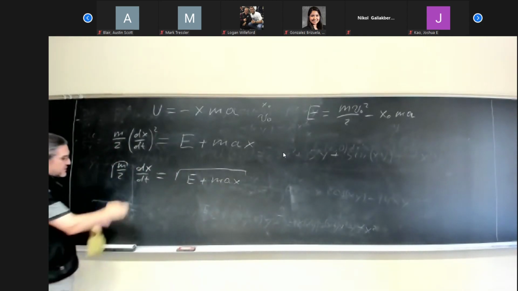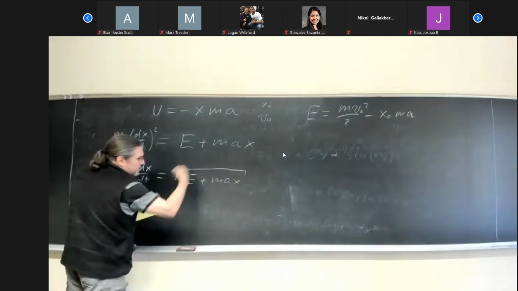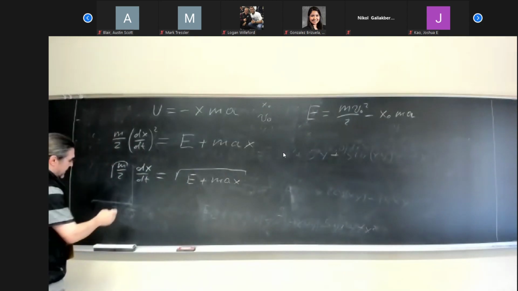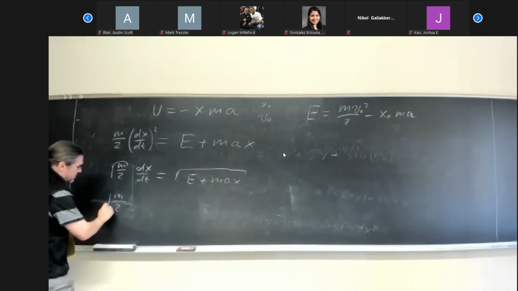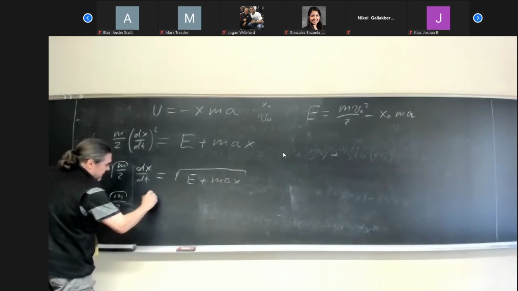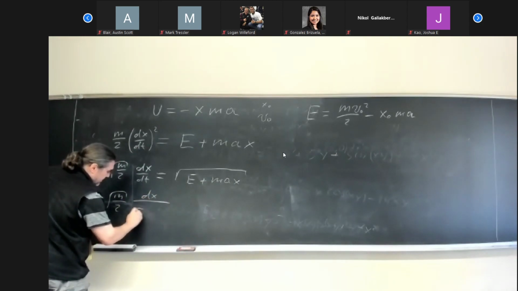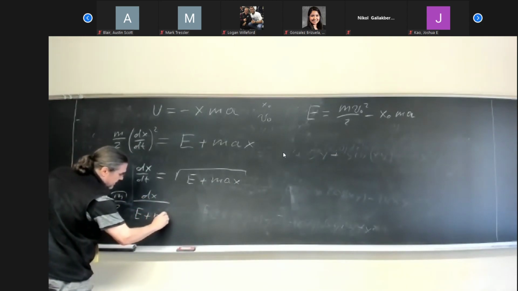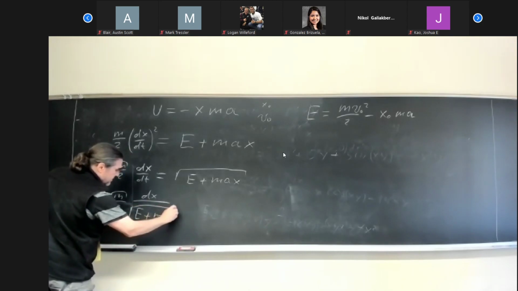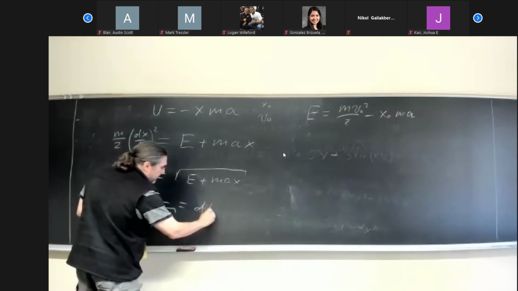And the next thing, I just move that dt up here and all that square root down there, and I have square root of m over 2 times dx divided by square root of E plus m a x equals dt.